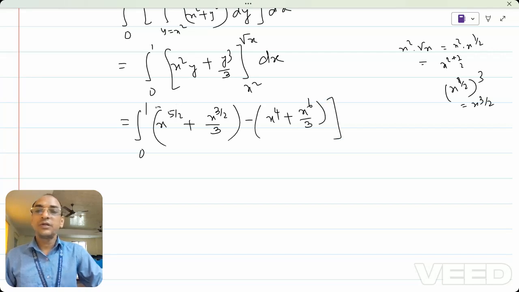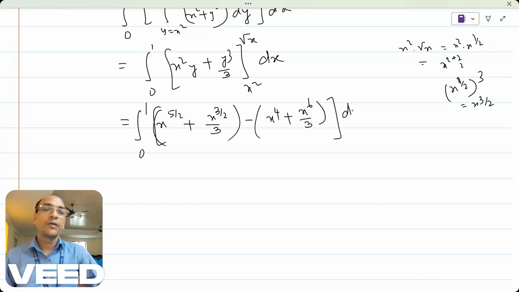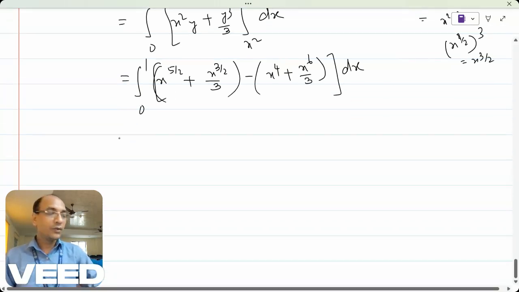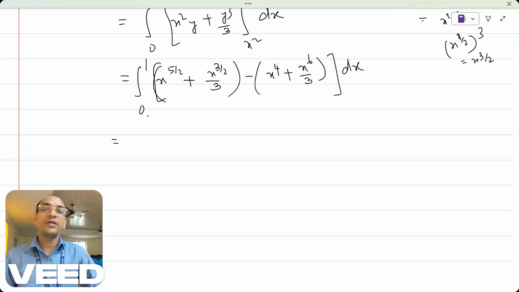Okay, so this is the integral which we need to integrate with respect to x. Now I will integrate it with respect to x. Integration of x to the power 5 by 2 dx is x to the power 5 by 2 plus 1 divided by 5 by 2 plus 1, so this will be 7 by 2.